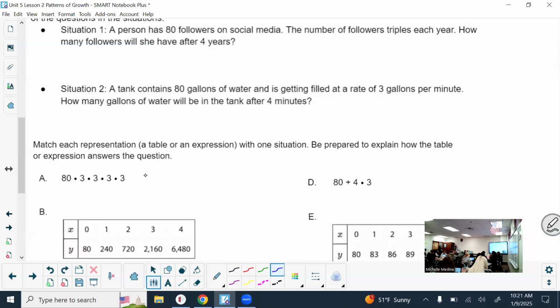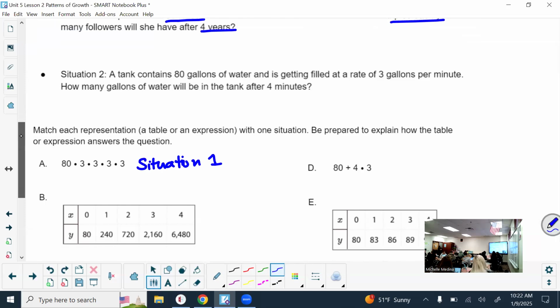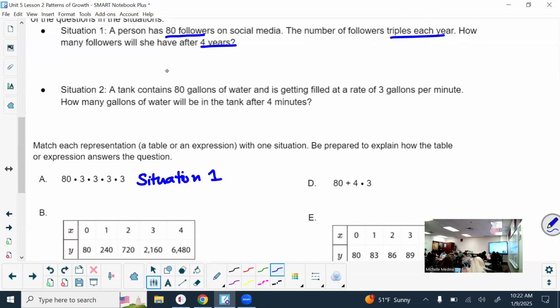Table 7, why do you say situation 1 for that? Because he has a quality number here, and this is like 4 years and it's 3 to the 4th. Okay, good. The 80 repeats in both.